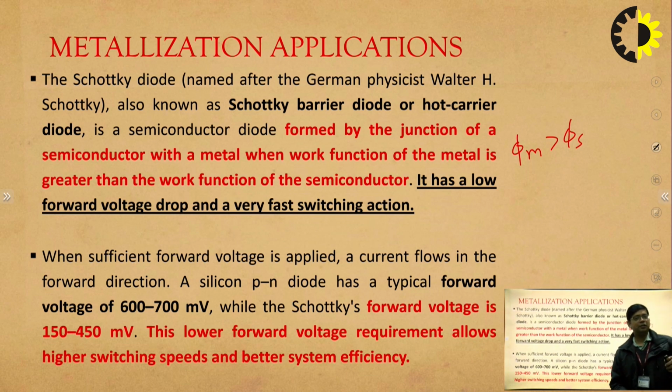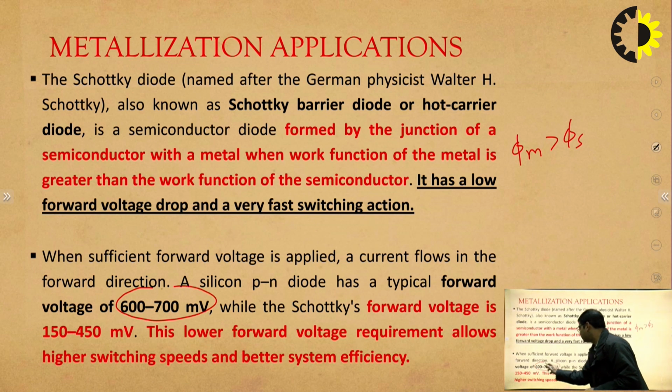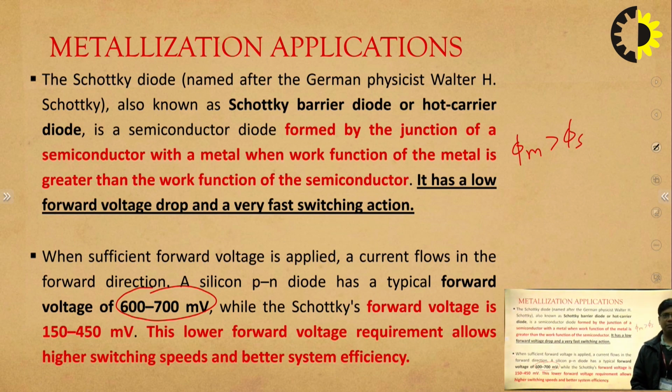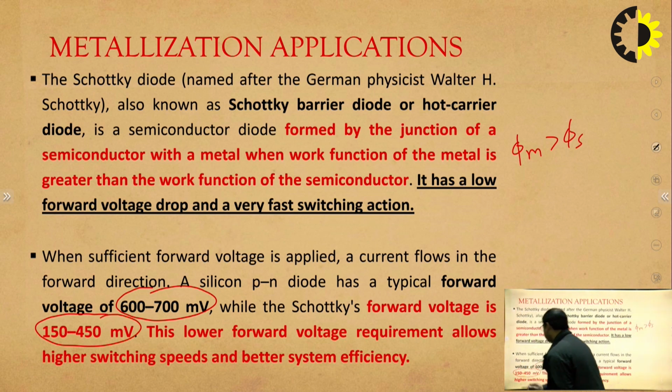As we know, in a silicon diode, a voltage drop of 600 to 700 millivolts, that is 0.6 to 0.7 volt, in forward bias is observed. Whereas in a Schottky diode, in forward bias, a voltage drop of only 0.15 to 0.45 volt is observed, and it leads to higher switching speeds and better system efficiency.